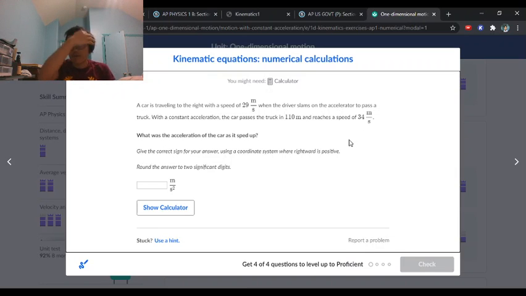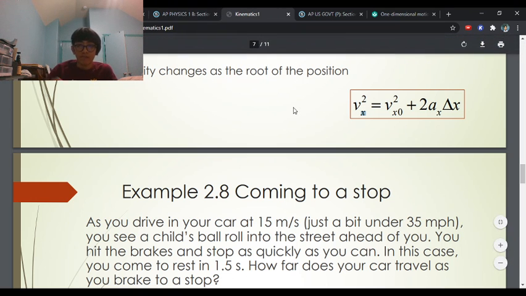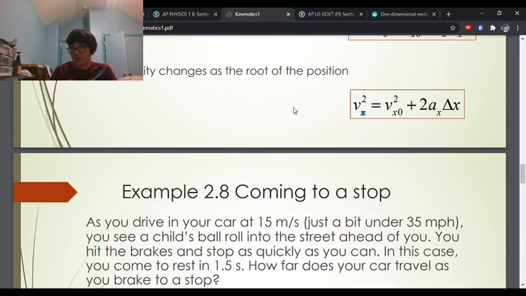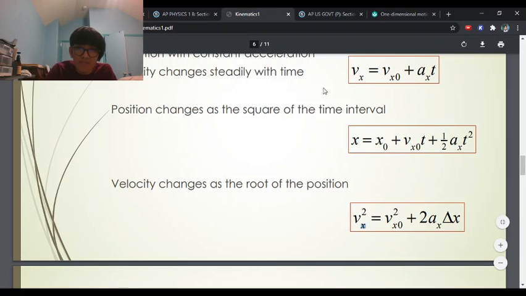Cool. Now, what we're looking for is the acceleration. What is the value of the acceleration? Well, we are given the final velocity, the initial velocity, we don't know the acceleration, but we are given the displacement, right? So out of these three equations, which one do we want to use?